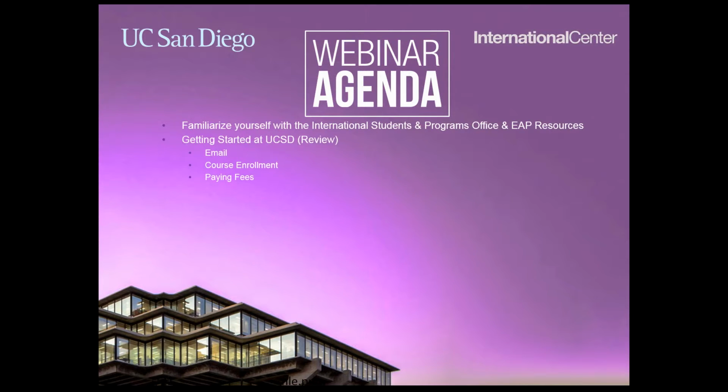Learn about getting started at UCSD, including setting up your email, learning about course enrollment and paying your fees, getting to UC San Diego, learn about the International Student Orientation Program in September, learn about housing and health, and about getting involved at UC San Diego. You'll also go over approaching deadlines and checklists at the end of this webinar.